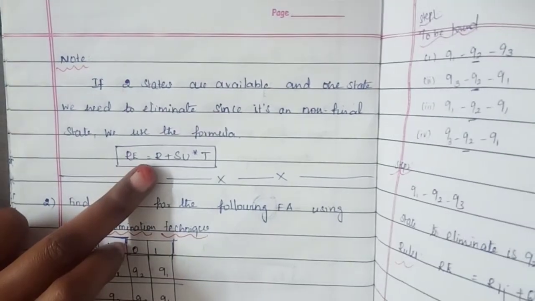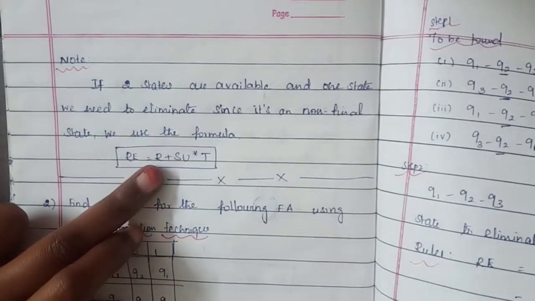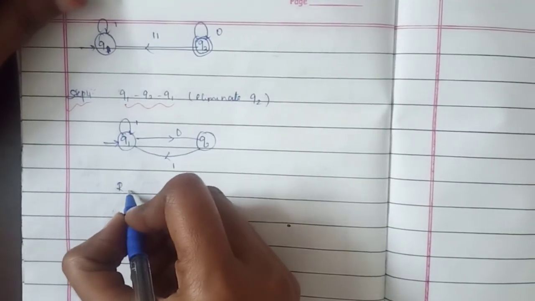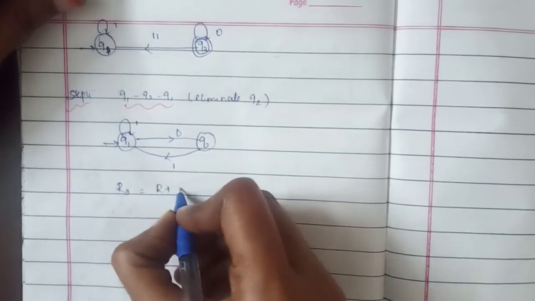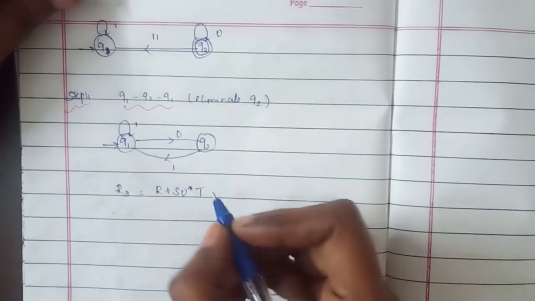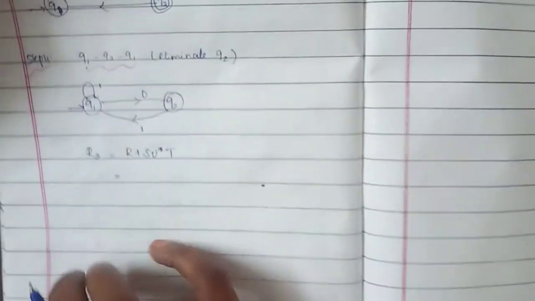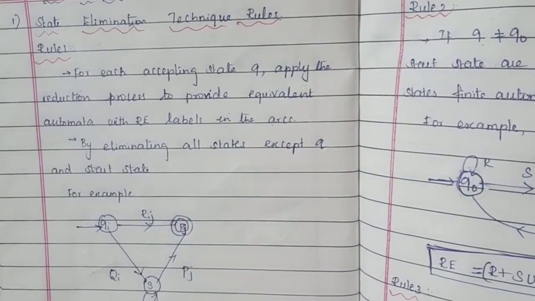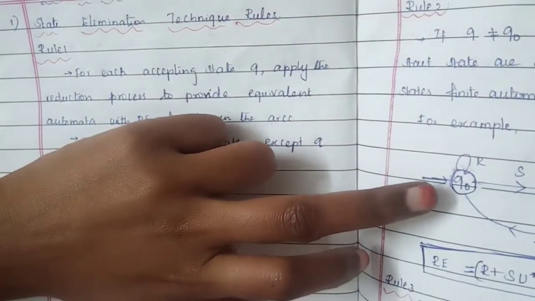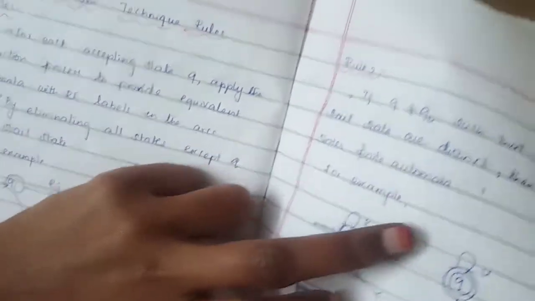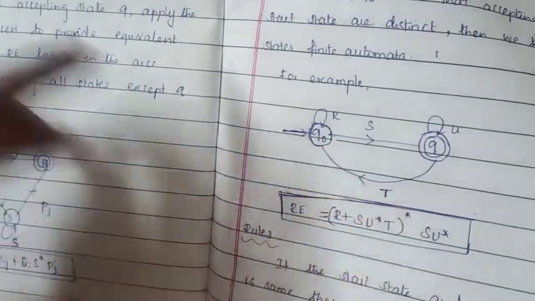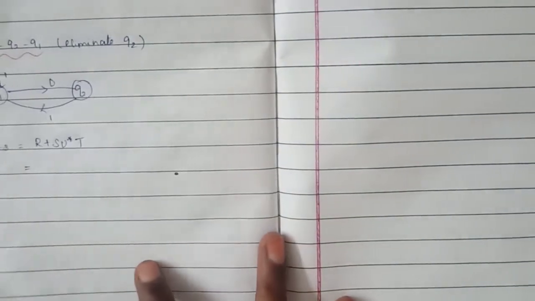So for this we have to use the formula R plus S U closure T. So for this we'll have R3 equal to R plus S U closure T. And what is my R here? So when you see this, right, this is R, S, U and the back loop is T. So the same will be followed.